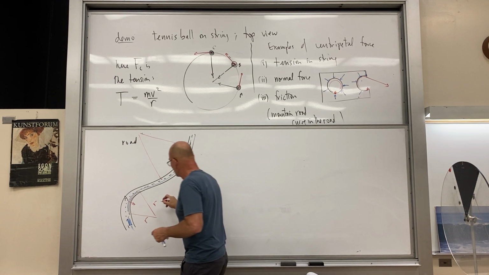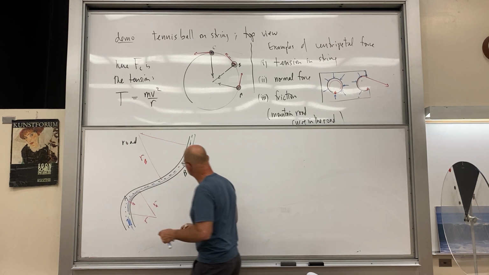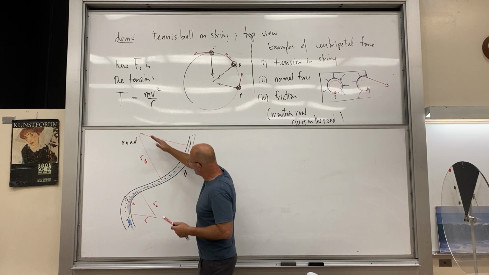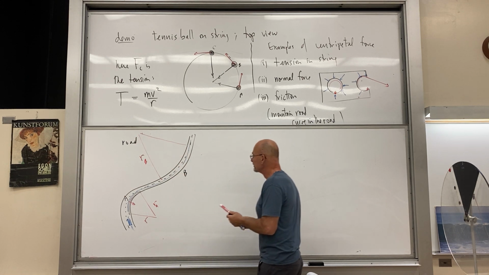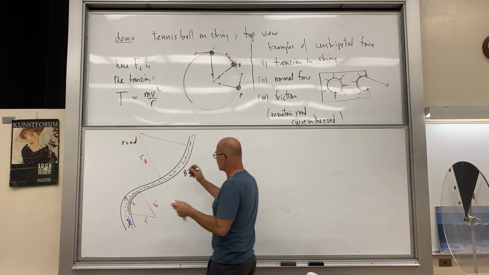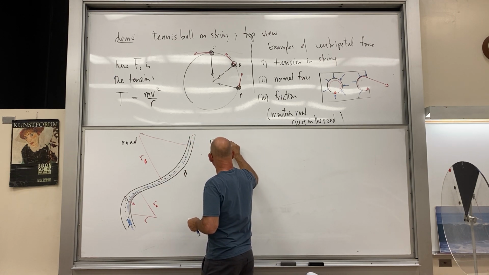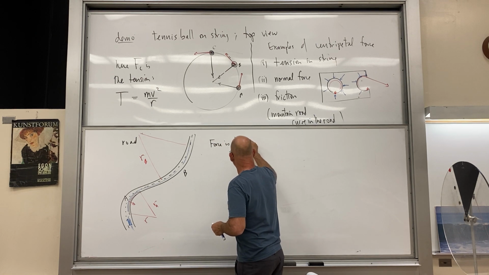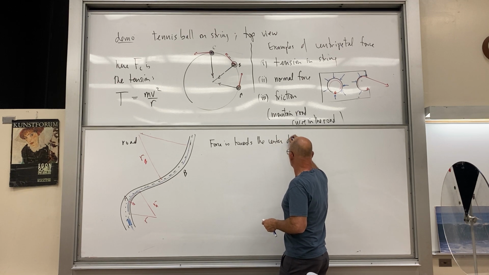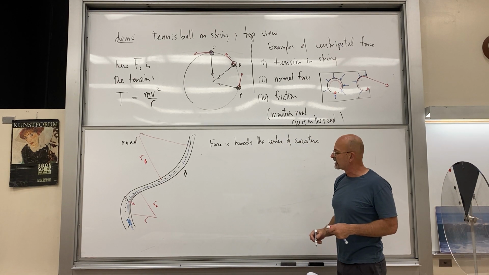So now I'll call this R sub A, and this will be R sub B, and the car is right here, and the force is towards the center of curvature. So we've got a car on this winding road. Force is towards the center of curvature, which I think I've illustrated pretty well.